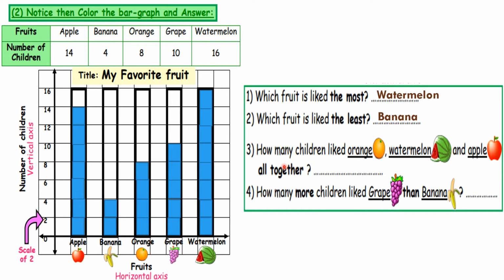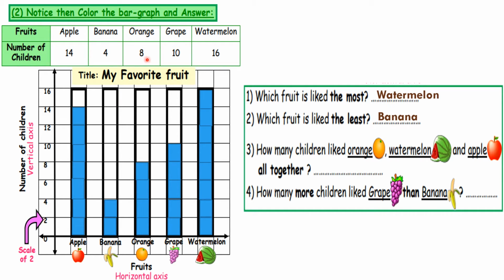Next question here. How many children like orange, watermelon, and apple all together? All together means I'm going to add them. As we learned before, all together, I want them all to be together, so I will add them. How many like oranges?